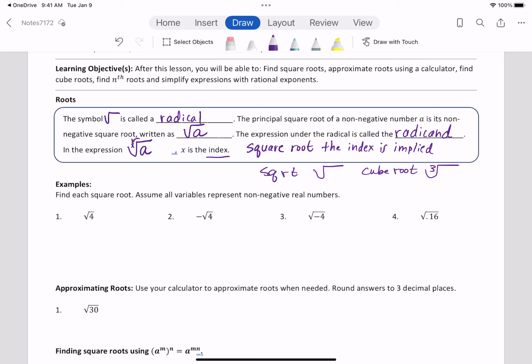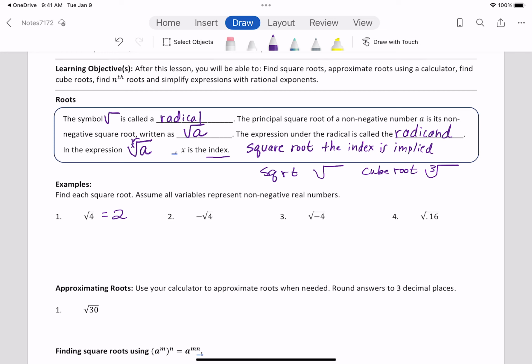So it says find each square root, assume all variables represent non-negative real numbers. So for the first question, this is something that you probably all know, right? We know that the square root of 4 equals 2.